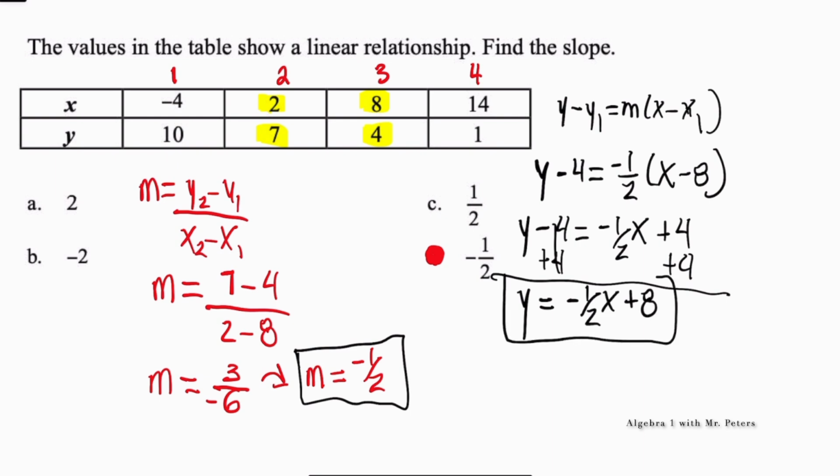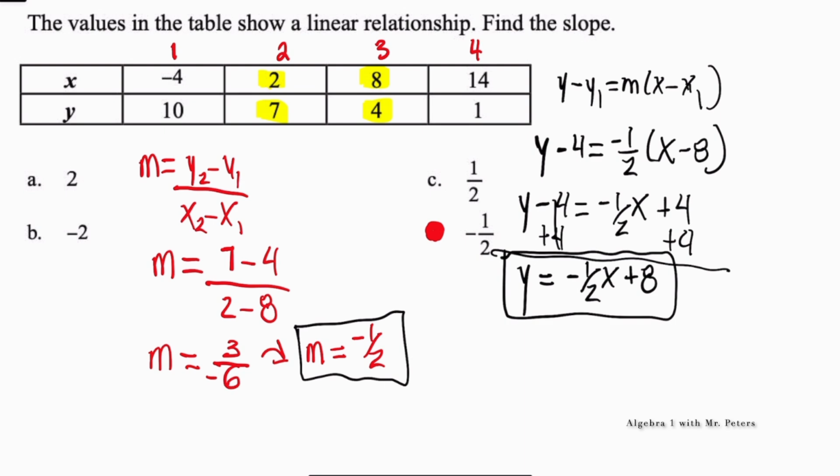Now I know what you guys are saying. How do I know if this is right? Well, just plug it in and you should get a true equation slash statement. So this is what I mean. Let's say I picked the point (14, 1), right? When we put it as an ordered pair, our x is 14, y is 1.